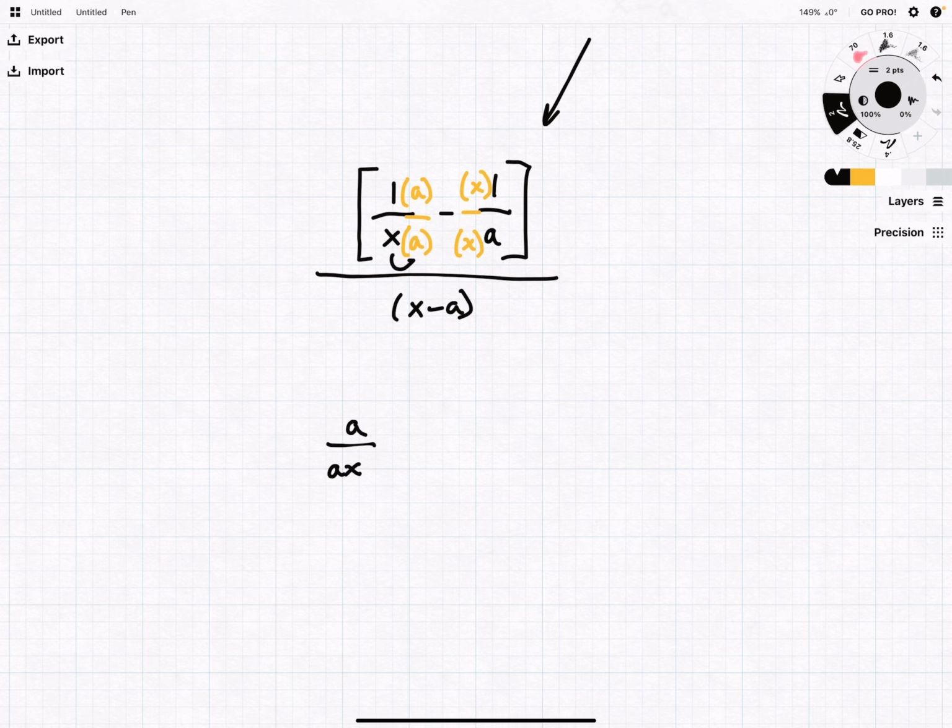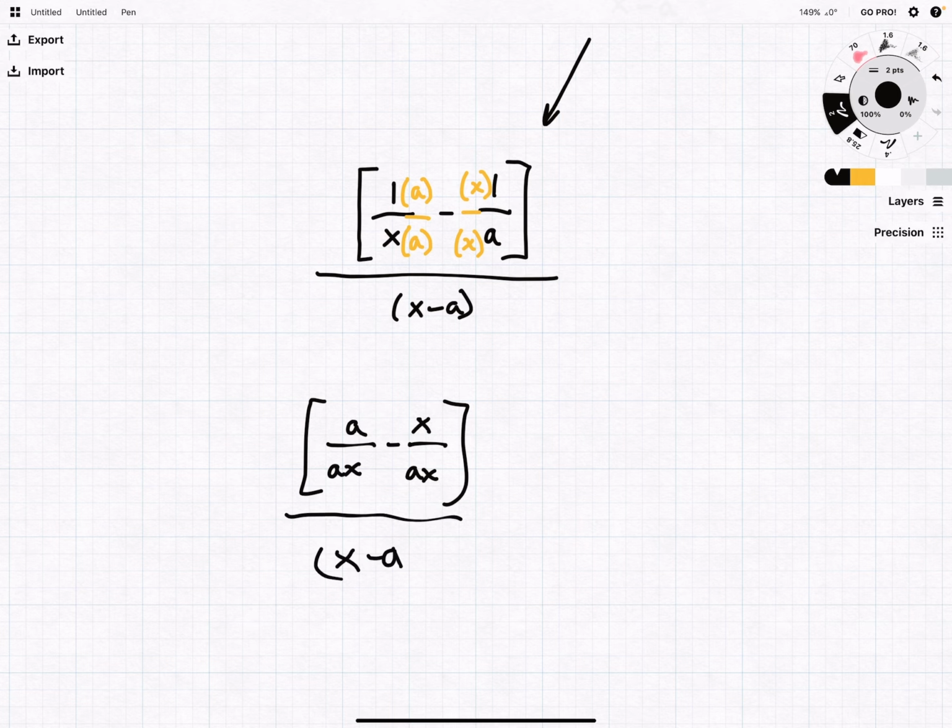I just flipped these two because I usually like things being in alphabetical order. It makes it easier to read. So a over ax minus x over ax, and this is all over x minus a. Now we finally do have a common denominator.